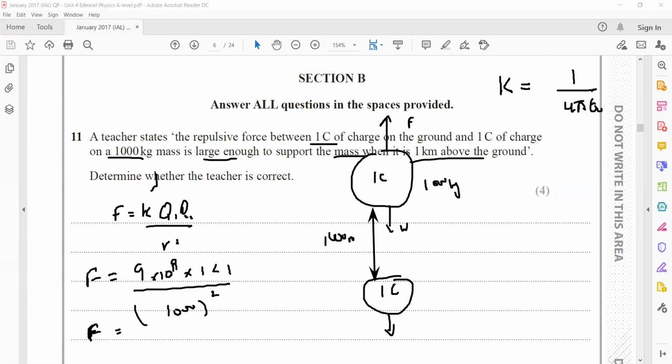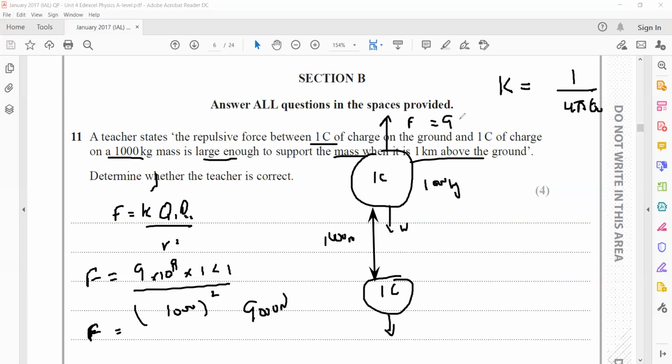So it is 9,000. And this is coming out 9,000 newtons, the electrostatic repulsion force.